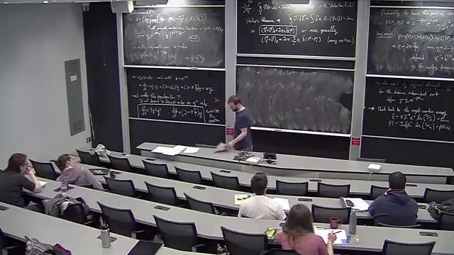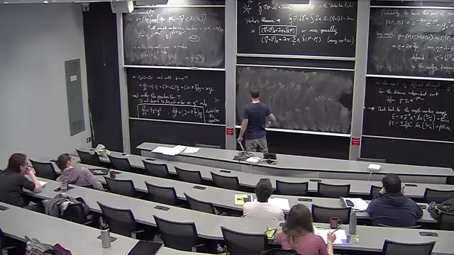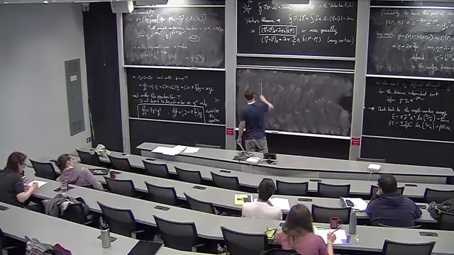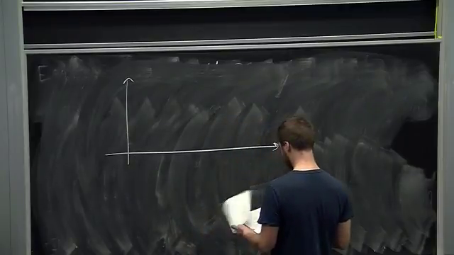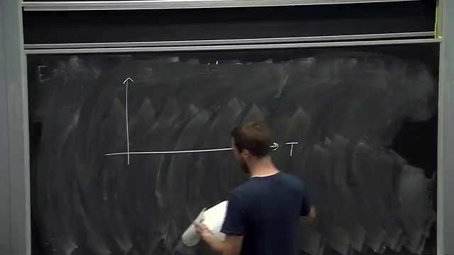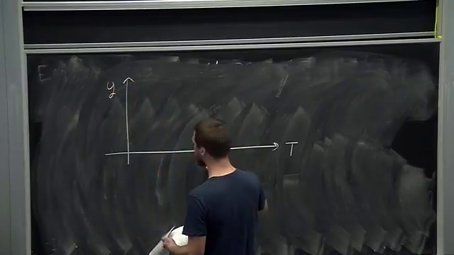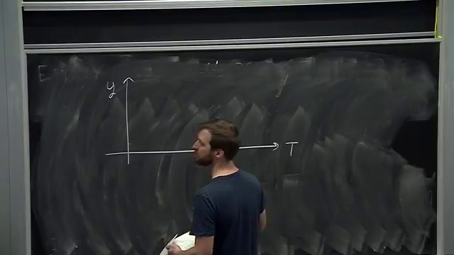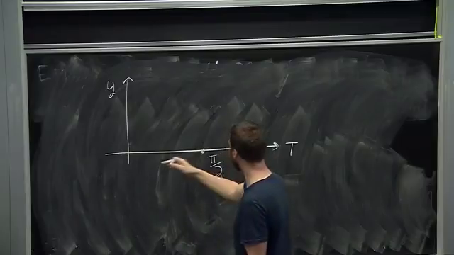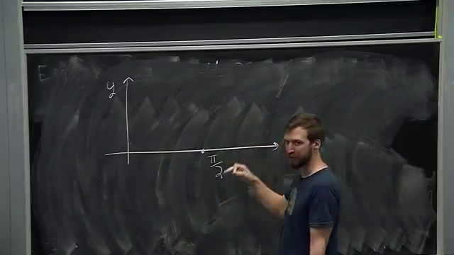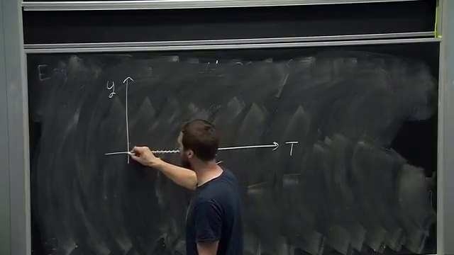So let me just draw how the flows look. So I have T and Y. I have the Kosterlitz-Thouless transition, pi by 2, J is equal to 1. Just remember, without any fugacity, this is my quasi-long range ordered regime.